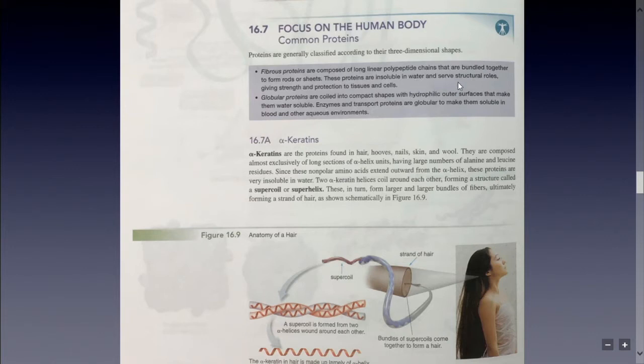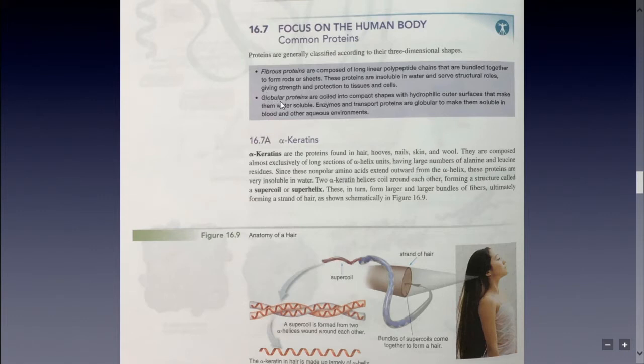And so they're going to serve basically a structural role, kind of like the phospholipid bilayer serves a structural role because it's non-polar. Well, of course it has the polar head too, but anyways, forget I said that. The point is, the non-polar is going to be a barrier to water, and so these fibrous proteins are going to be giving tissues and cells a lot of strength and protection.